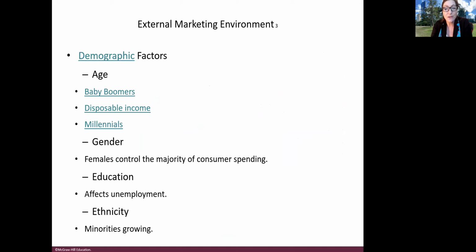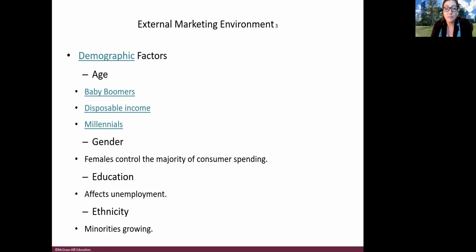Gender is a factor with regards to purchasing, and education levels affect unemployment. We could also say that unemployment levels affect the uptake of education.